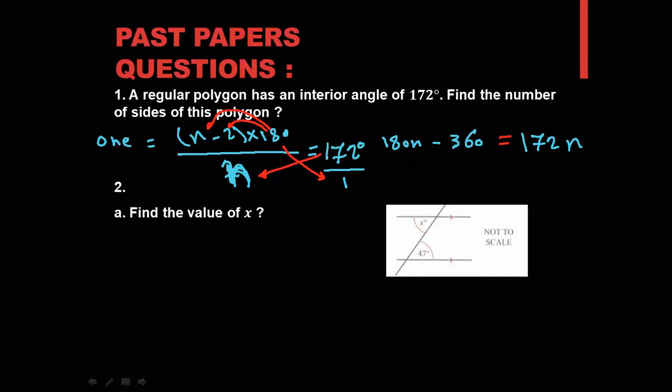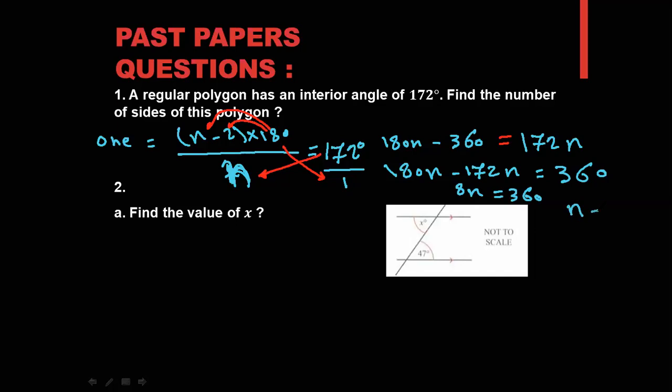Then we can solve the equation in more than one way, but it is better to put the two like terms on the same side by shifting, by adding, by solving the equation using any method. So this will be 8n equals 360, then finally divide by 8 on both of the two sides.